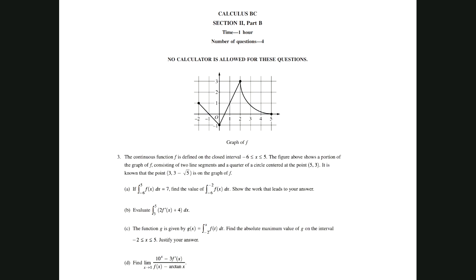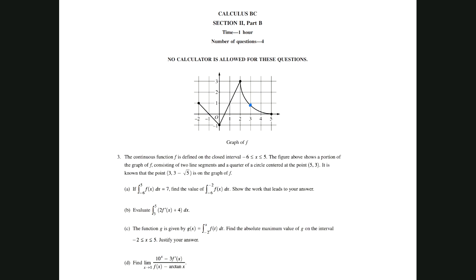So this point right here is 3 minus the square root of 5. All right, so in part A, it says, if the integral from -6 to 5 of f of x dx is equal to 7, find the value of the integral from -6 to -2 of f of x dx. It's a tough problem.